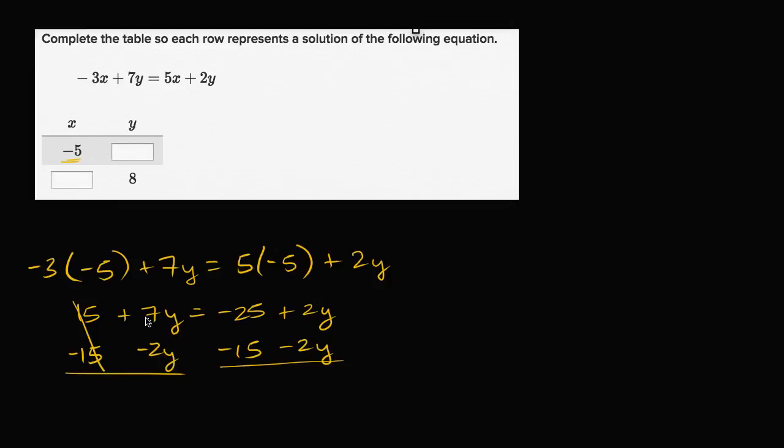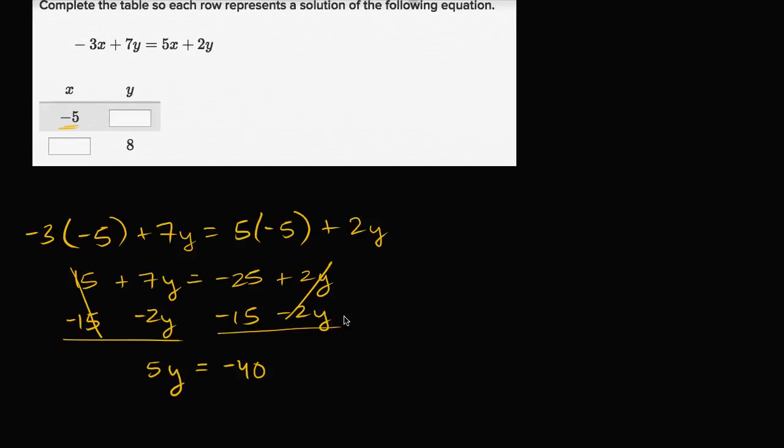7y minus 2y. 7 of something minus 2 of that same something is going to be 5 of that something. It's going to be equal to 5y is equal to -25 minus 15. Well, that's going to be -40. And then 2y minus 2y, well, that's just going to be 0. That was the whole point of subtracting 2y from both sides. So you have 5 times y is equal to -40.